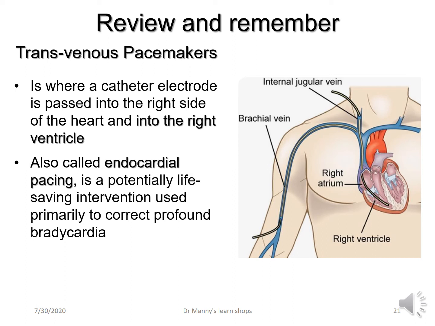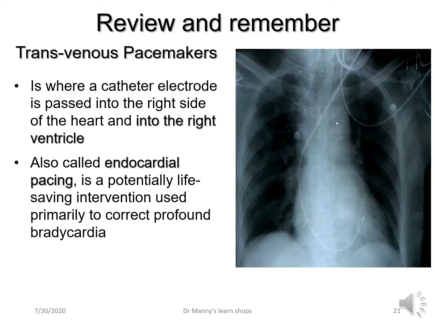And it's potentially a life-threatening intervention which is used primarily to correct profound bradycardia. Transvenous pacemakers can be temporary or they can be permanent. And as I said, this is where the electrode is passed into a large vein, a central vein. Temporary, typically internal jugular. Permanent, subclavian vein.